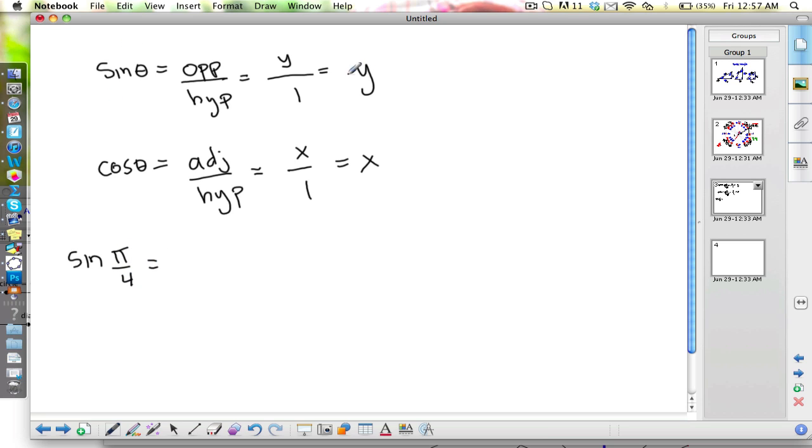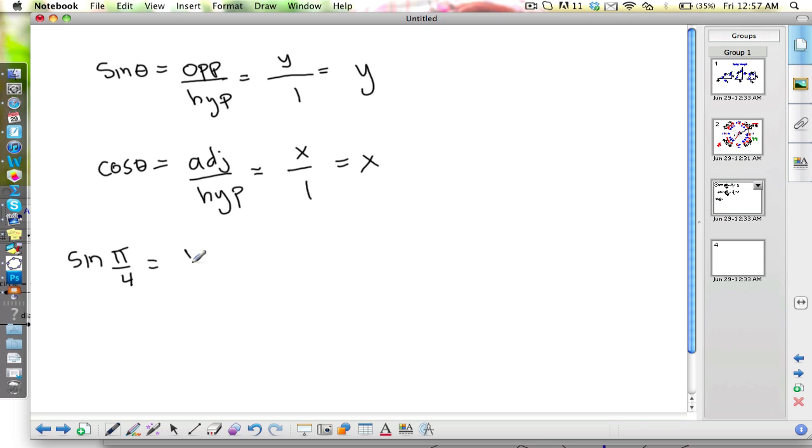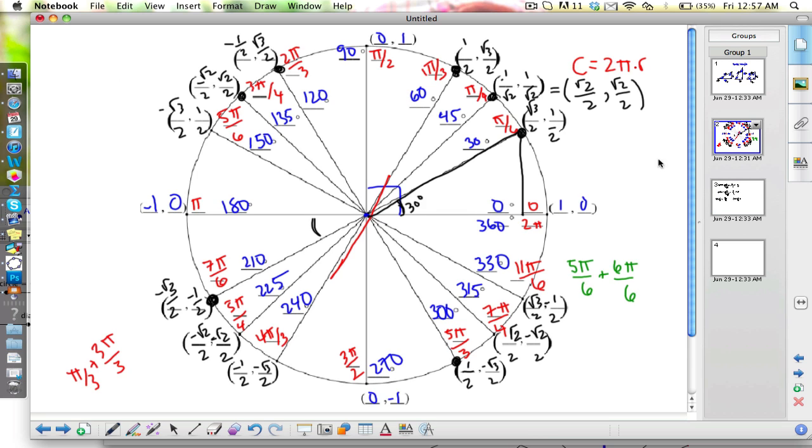Well, sine of pi over 4 is equal to the y. So I'd have to go to the unit circle and look at pi over 4 and find the y value, which in this case is √2/2. What's cosine of pi over 6? Well, on the unit circle, the x value at pi over 6 is √3/2.